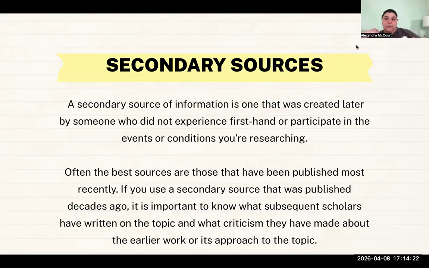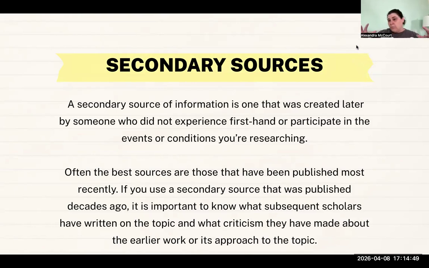So if I am a researcher and I'm conducting research, then any information that I collect from participants or that I gather from other articles, that is considered secondary research. I did not have firsthand experience or I did not participate in an event, rather I'm gathering data about it.